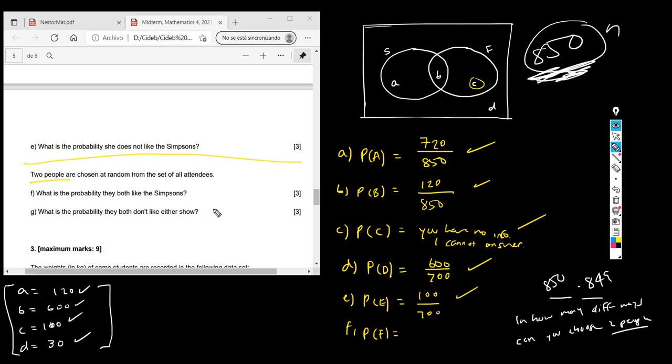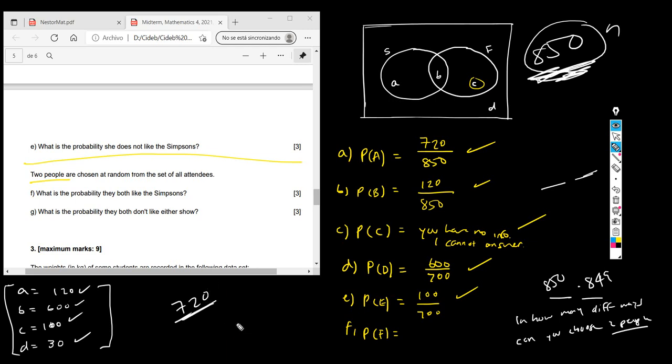Now, what is the chance that both of them like The Simpsons? What you have to do is solve this other question. If you know how many people like The Simpsons, A plus B, which is 720, you know that 720 people from here like The Simpsons.